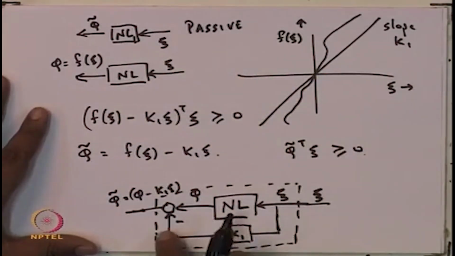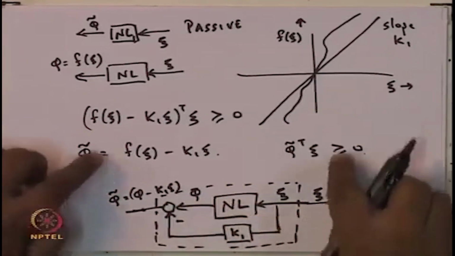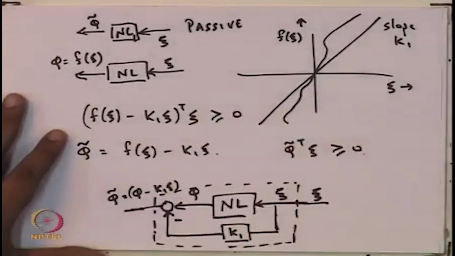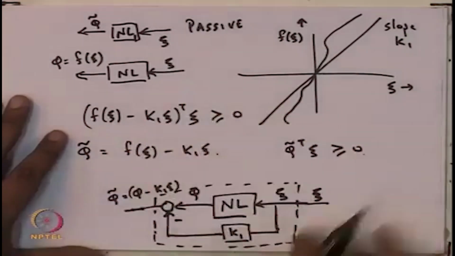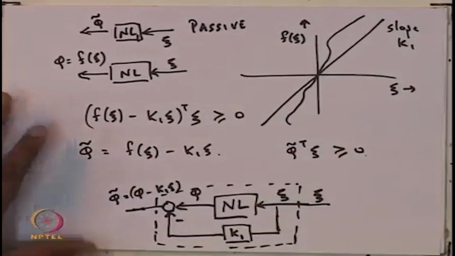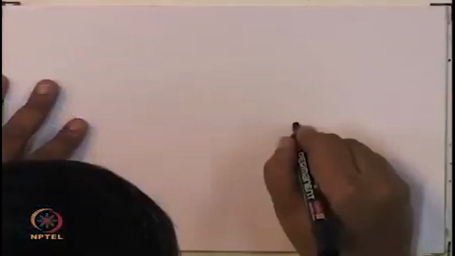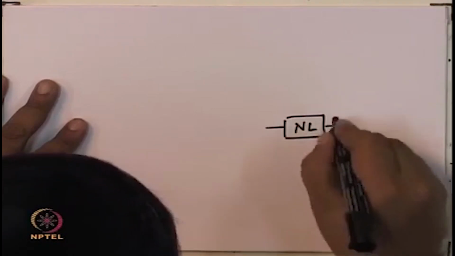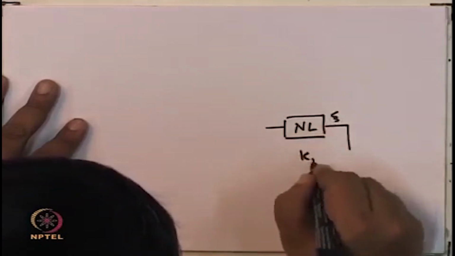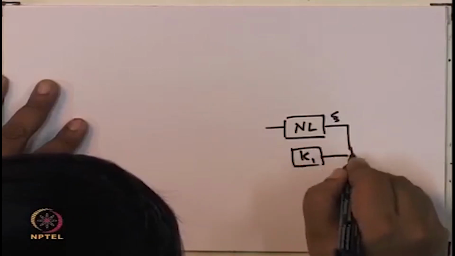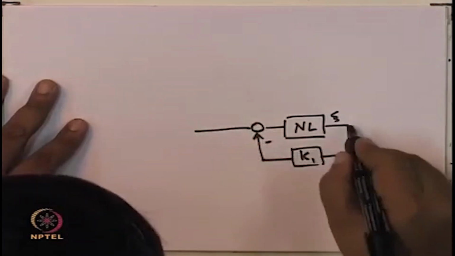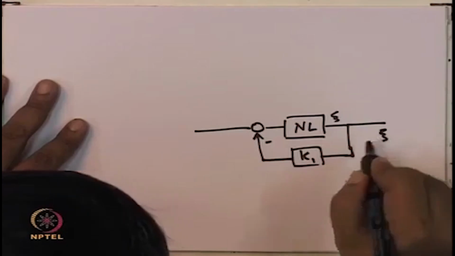Now, this resulting nonlinearity, if it is connected in a feedback loop with a plant which is strictly positive real, then the resulting system is asymptotically stable. Let me draw that. So, you have this nonlinearity, with psi and k1 of psi fed forward. It is still psi here.